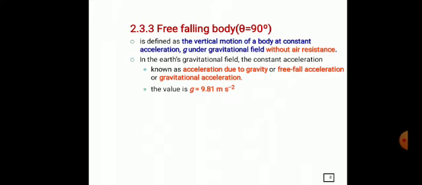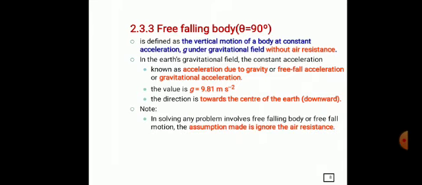Maybe forget what you learned in school, that g is 10 meter per second square or 9 meter per second square. In matriculation, we are going to use the exact value of g, which is 9.81 meter per second square. So in conclusion, a free-falling body is a body which undergoes constant acceleration, which is 9.81, without air resistance.